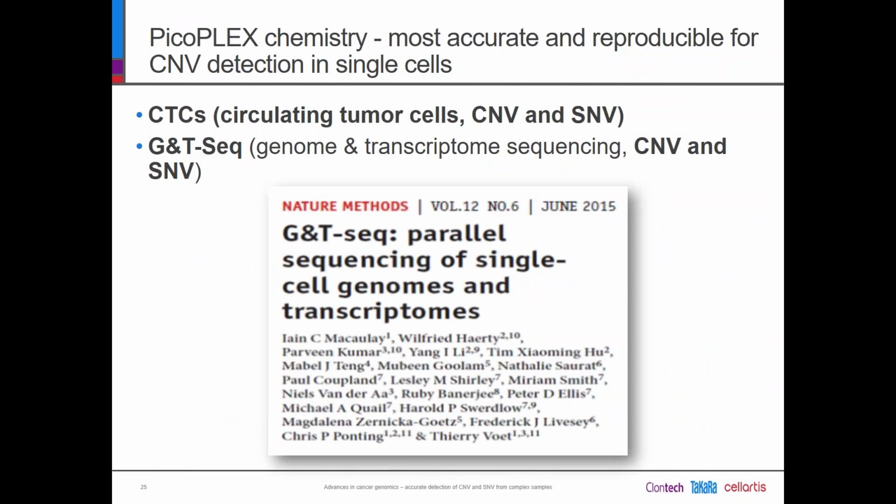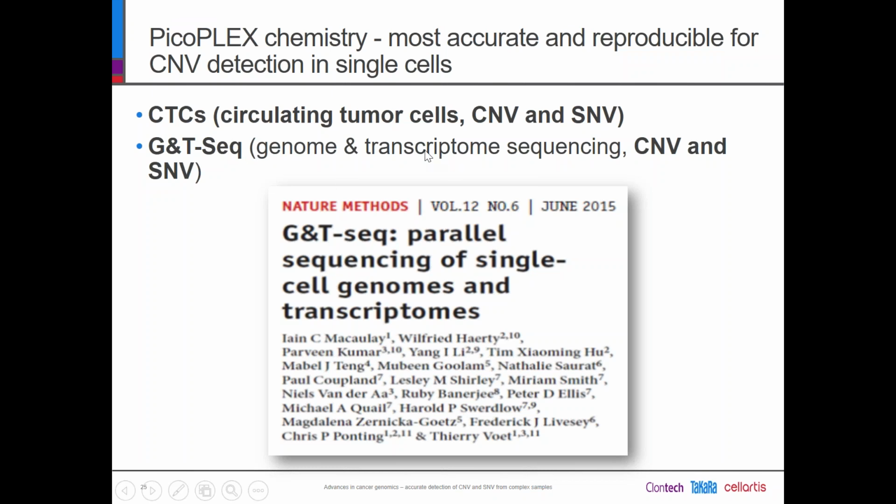Very interestingly, PicoPLEX has been used quite recently, in 2015, for this very innovative technology called G&T-seq. G&T-seq stands for genome and transcriptome sequencing, from single cells, in this case circulating tumor cells, or they can be single cancer cells.